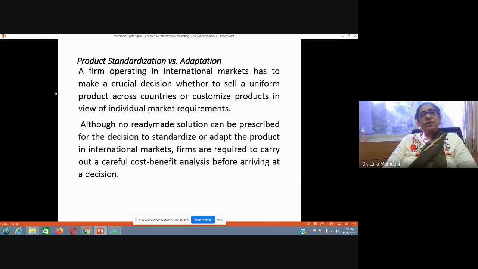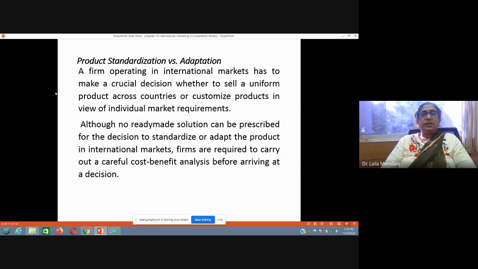Then there are also questions of product standardization and product adaptation: whether you will sell the same standard product across the globe or change the product according to the needs and culture of the country, and so on. Of course, there is no ready-made solution. It depends on a large number of factors and a careful cost benefit analysis.